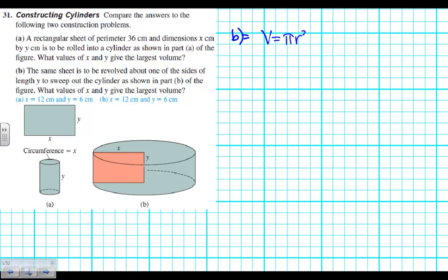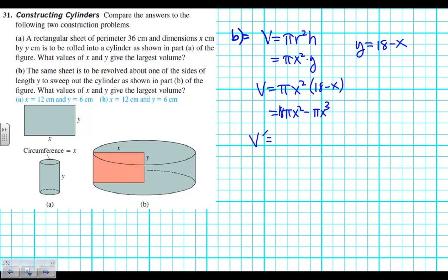Pi r squared h, pi x squared y, and we still know that y is equal to 18 minus x. Is that correct? Yep. So volume is going to be pi x squared times 18 minus x, which is 18 pi x squared minus pi x cubed.